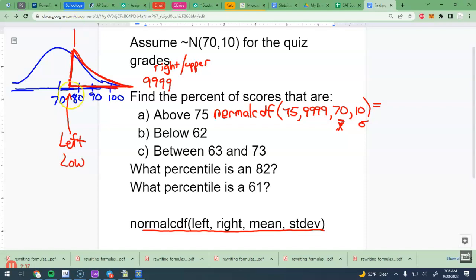So we're going from here all the way over to here. And you're telling the calculator the mean and standard deviation. So let's type that in and make sure we all get the same thing. Normal CDF 75, 99999. You're telling the calculator the mean is 70, the standard deviation is 10. So I get 0.3085.